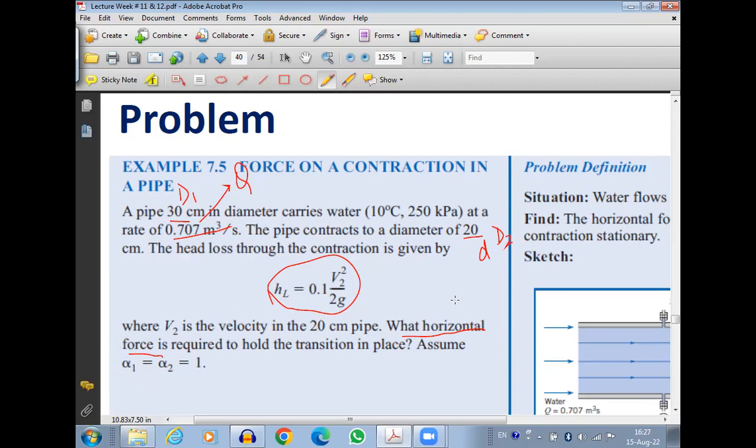Since force is being asked, that means you have to solve the momentum equation. Force is there only in the momentum equation. It's not there in the energy equation or in the continuity equation. So we are asked what is the F, or you can say Fx, the horizontal force required to hold the transition in place. Assume alpha 1 and alpha 2 equal to 1.